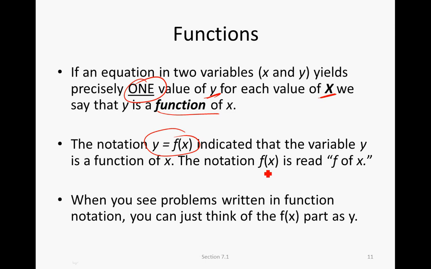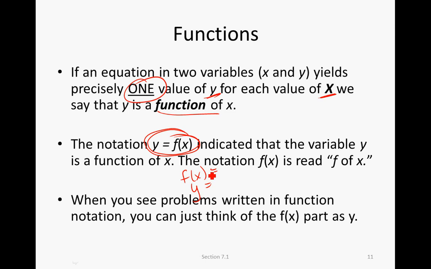I'm going to skip that for now. Just hold on to the thought, y equals f of x. And so the function of x, or y, is equal to whatever our equation of the line was.